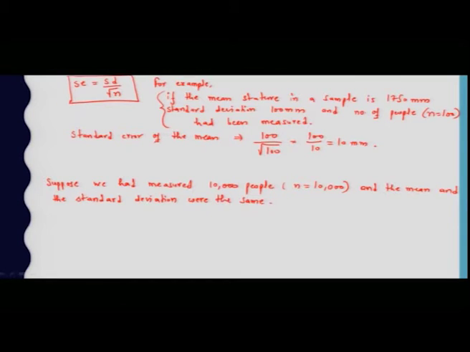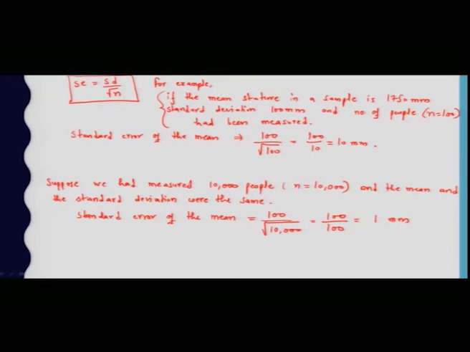So, the standard error of the mean will be what? Standard deviation is 100 and the number of people involved in that anthropometric survey is 10,000. So, that will come out as 100 upon 100, and it is 1 mm.